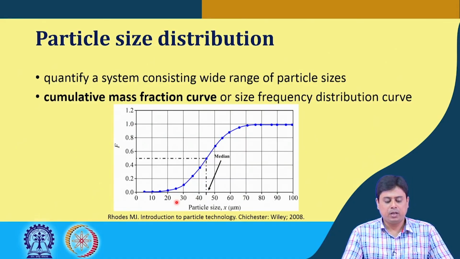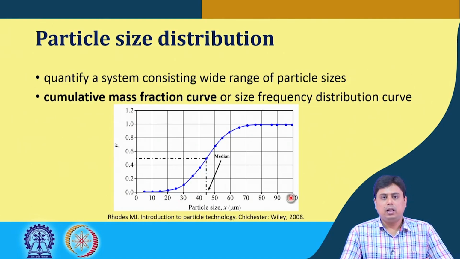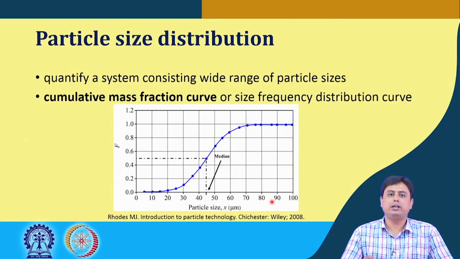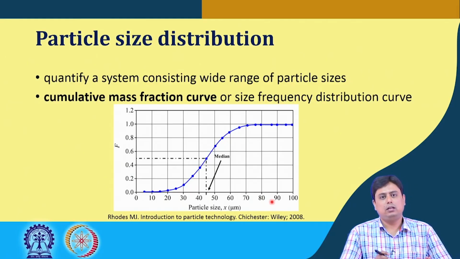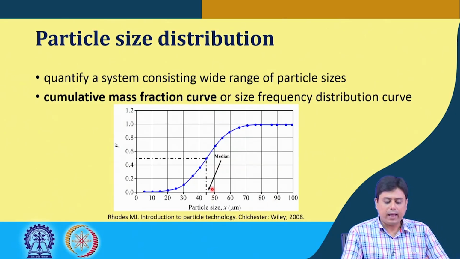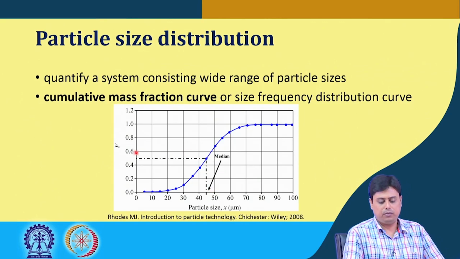For example, you have particles up to 100 micron, from 1 micron, 2 micron, 3 micron, 10 micron, 50 micron, etc. Whatever the mass of the particles below, let us say, 50 micron, you can find its mass fraction and plot that point.